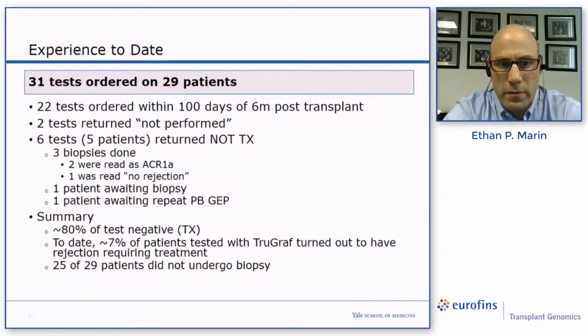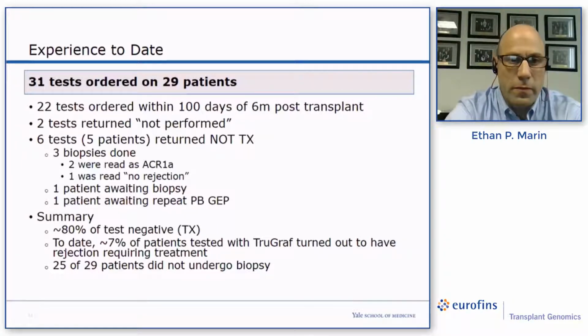So to summarize our experience to date, about 80% of the tests we've ordered have been negative, which I think is to be expected in a group of patients without biochemical evidence of rejection. About 7% of the patients that we have tested with TruGraf have turned out, in fact, to have rejection, which again is in line with, or maybe even on the low end of, what's been published in the literature.